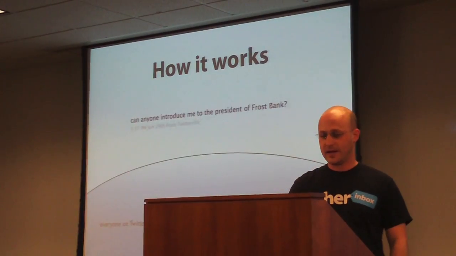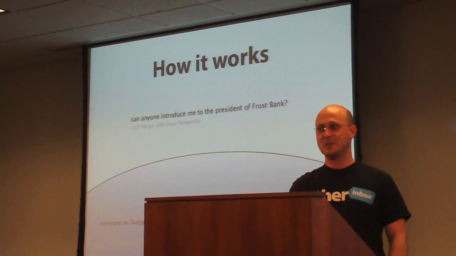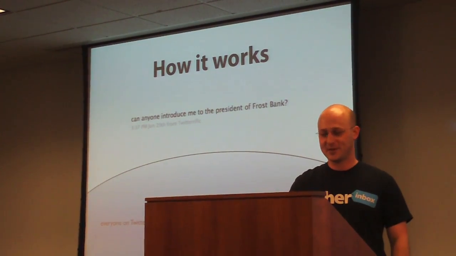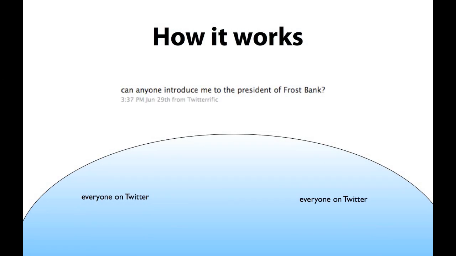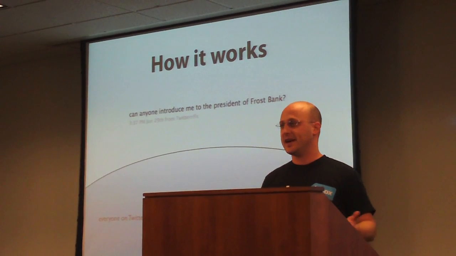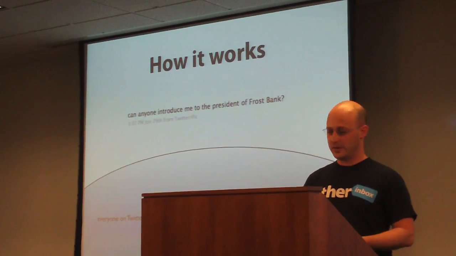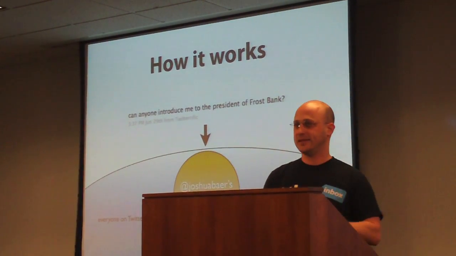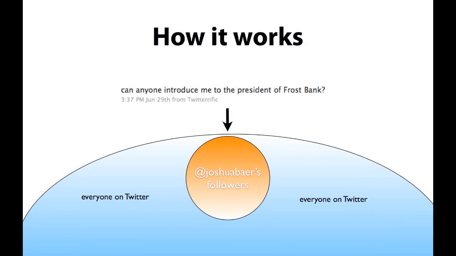So I have a couple little examples and very simple Venn diagrams to show how it works. This is a tweet that I sent by myself, and I didn't @anybody. So of all the people on Twitter who can see it, not everybody sees it unless they're searching for me or something. That just goes to the people that follow me, the orange circle of my followers.